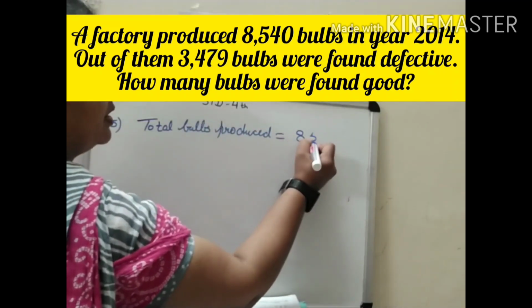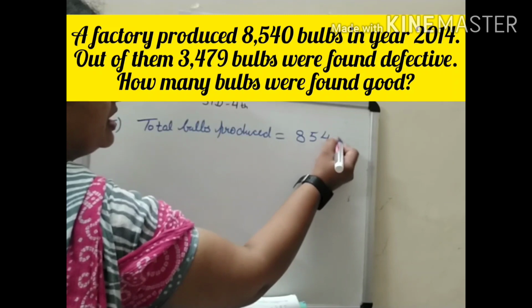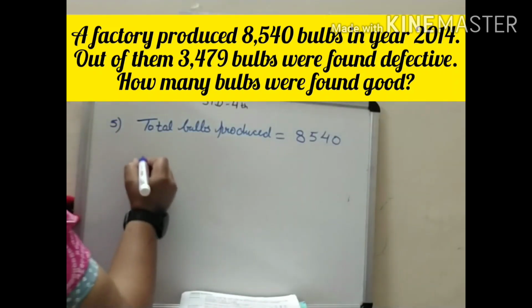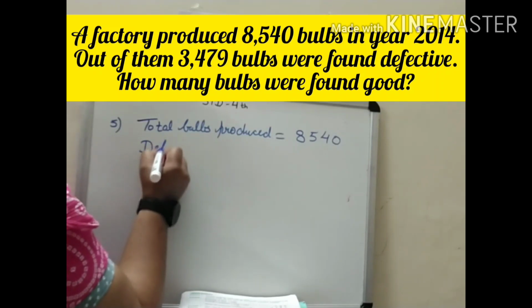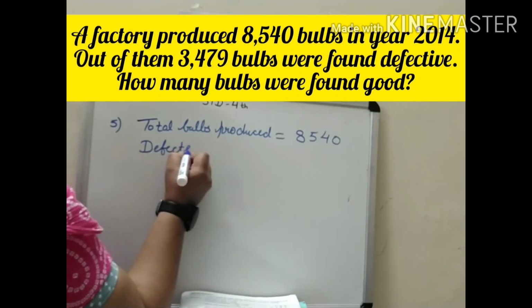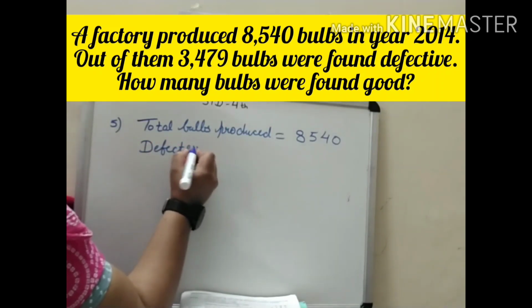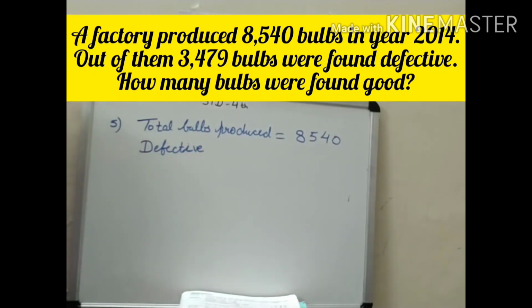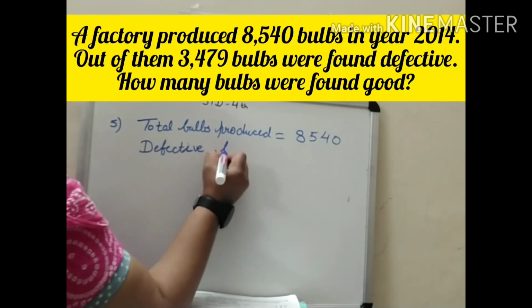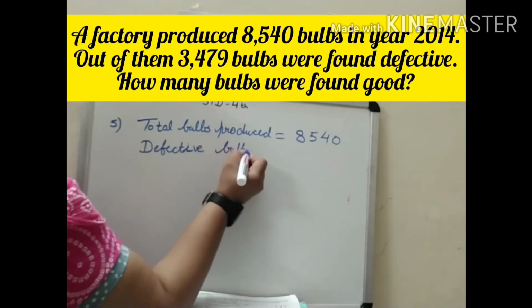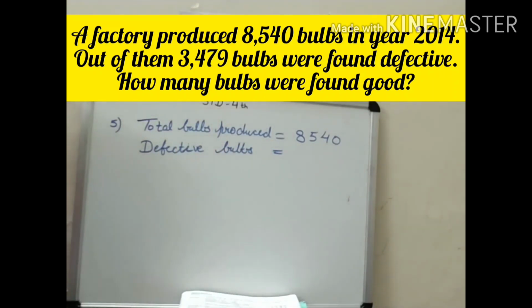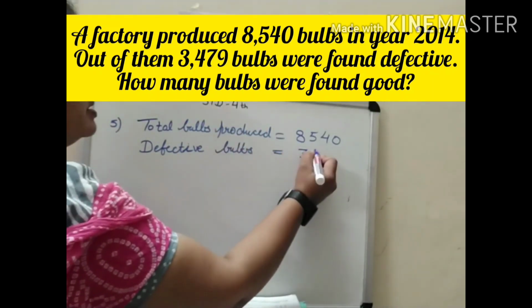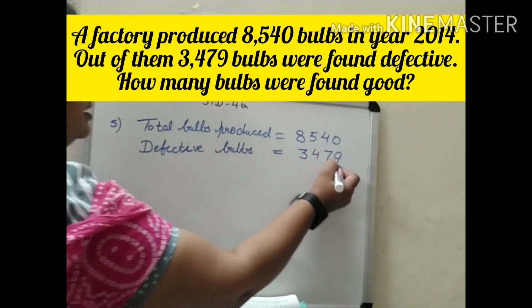You can write one number in one box and subtract. Now defective bulbs, or you can write number of bulbs defective, that is 3,479.